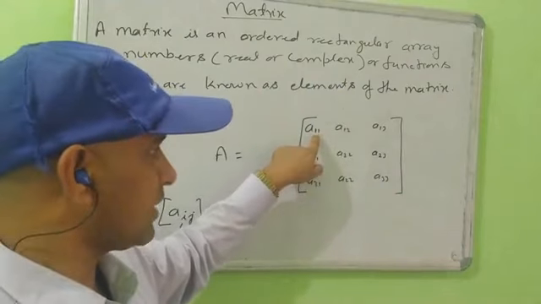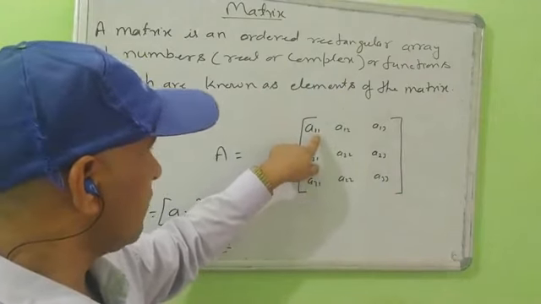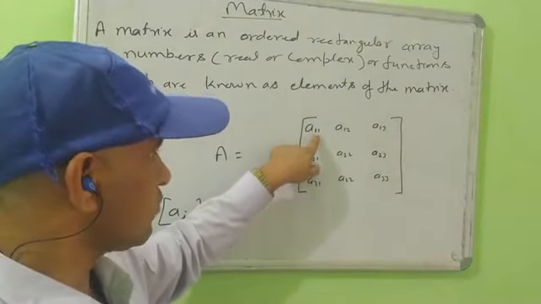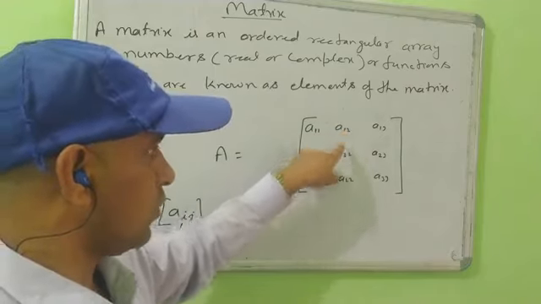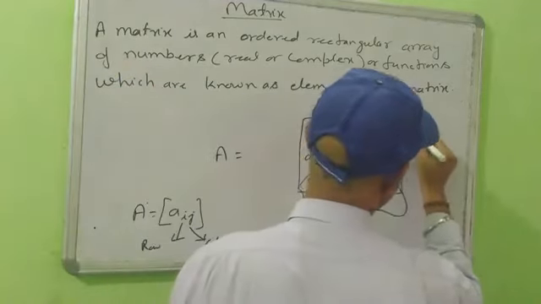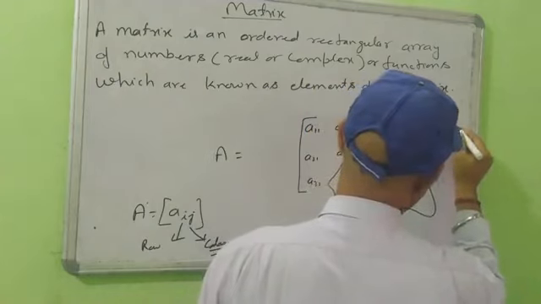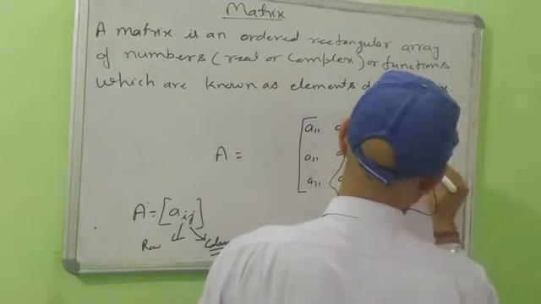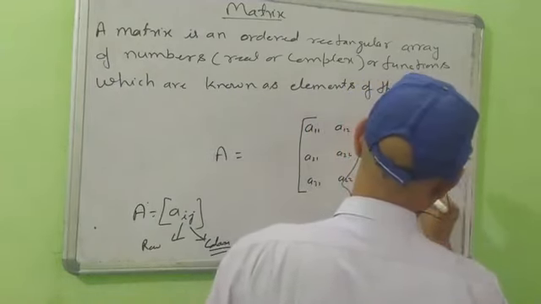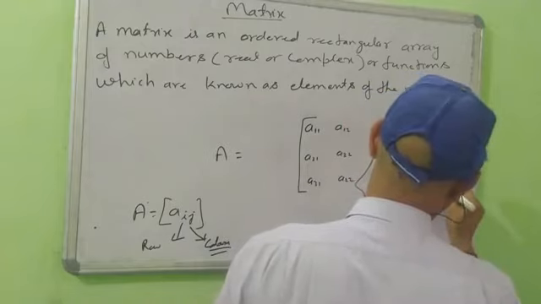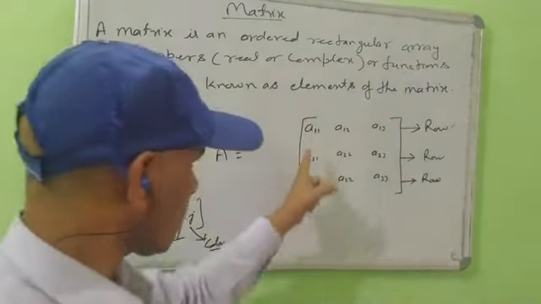This is the particular address of each element. 1 1 means first row, first column. This shape is called a row, and these are called the columns.